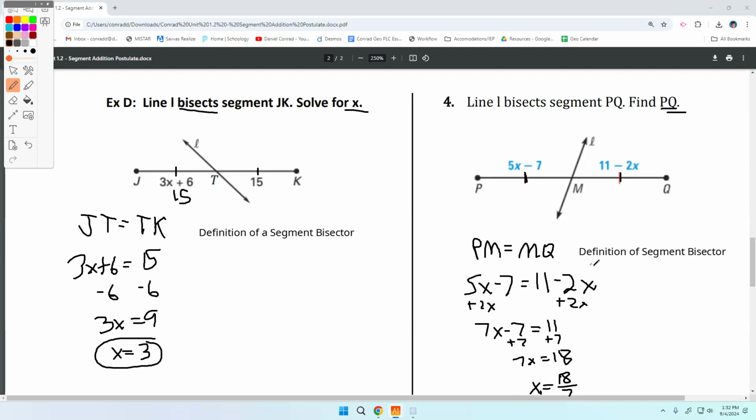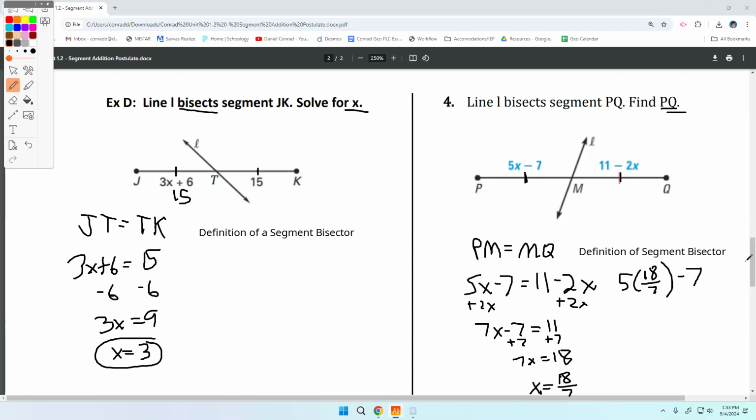Okay, so when I substitute that in for PM, I have 5 times 18 over 7 minus 7. Okay, and I'm going to put that all in my calculator. So 5 times 18 divided by 7 minus 7.